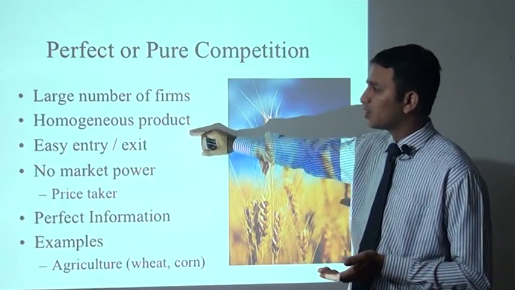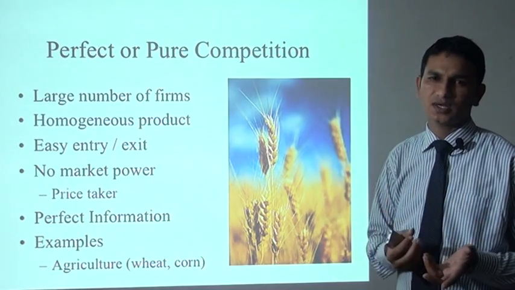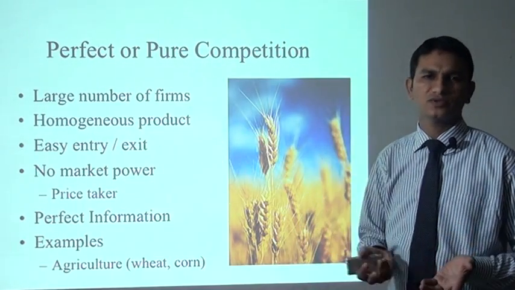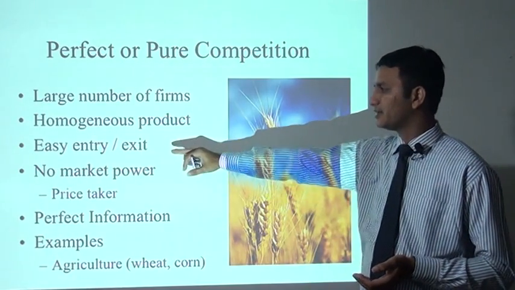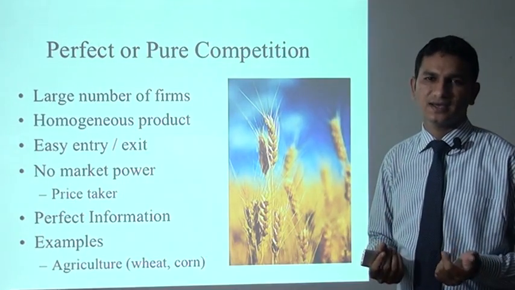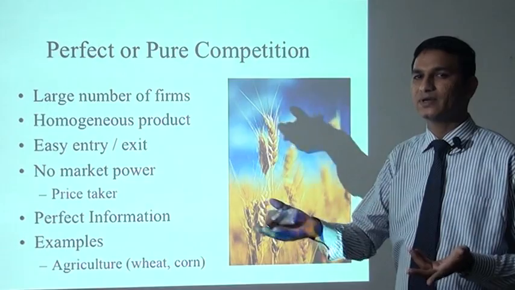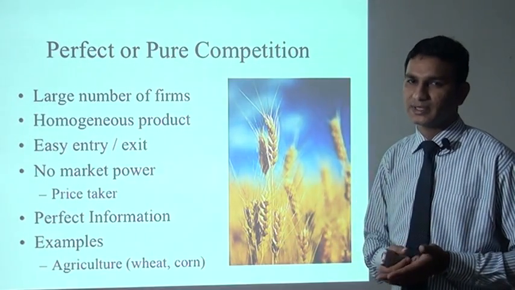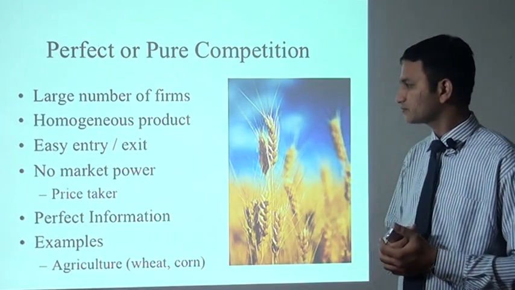The products are homogeneous, meaning if I am a seller of one product, another seller can produce the same product. That is homogeneous. As we discussed, entry and exit are very easy. Anyone can start a business or exit from the business.